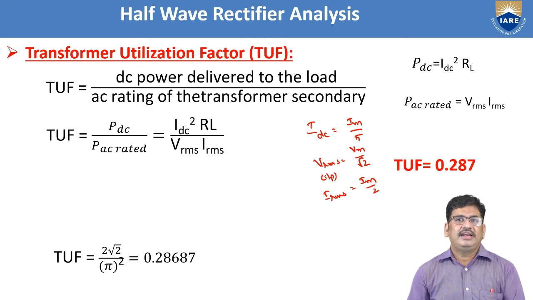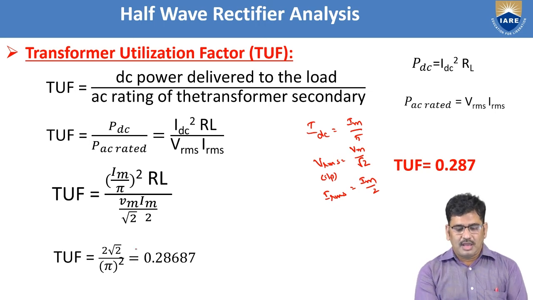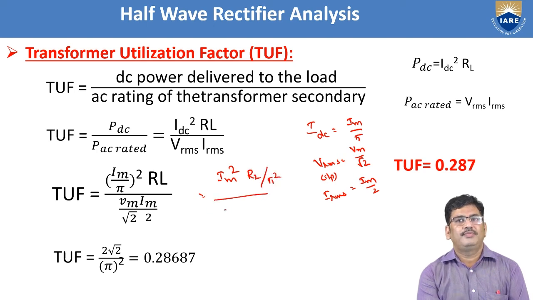By substituting IDC, VRMS and IRMS in the TUF, the transformer utilization factor we can rewrite as IDC square, that we can write as Im by pi whole square into RL, divided by VRMS, which is Vm by root 2, into IRMS, which is Im by 2. Here, Im square into RL divided by pi square, whole divided by Vm into Im divided by 2 root 2.